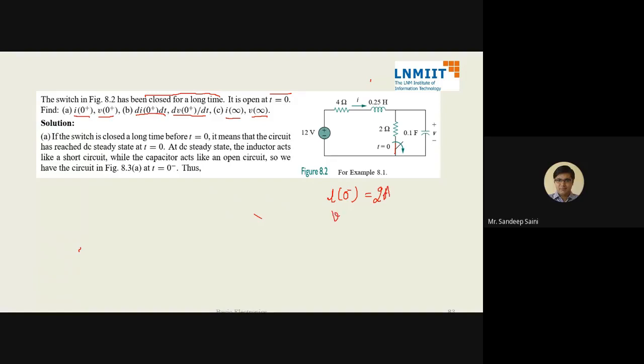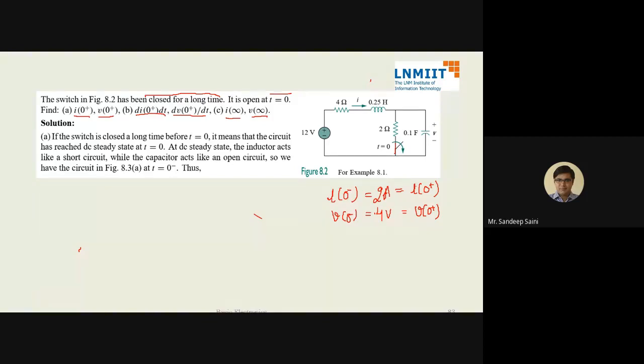What should be V of 0 minus? 4 volt. And we said current in the inductor will not change immediately, and voltage across the capacitor will not change immediately. Is this okay? So these are my I of 0 plus and V of 0 plus.